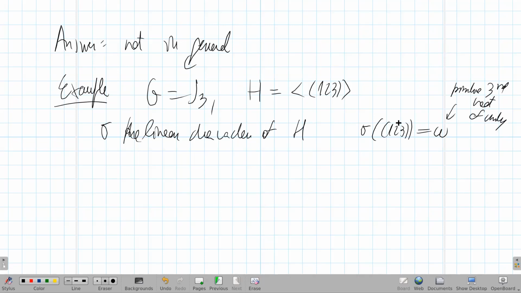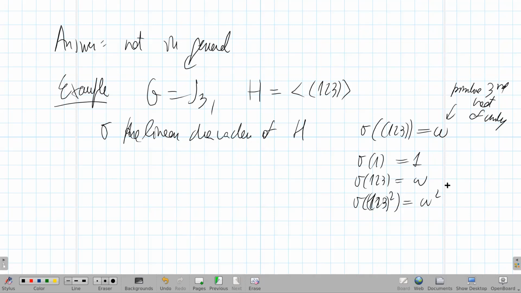So essentially sigma of 1 is 1, sigma of (1 2 3) is omega, and sigma of (1 2 3) squared, which is (1 3 2), is omega squared, okay?